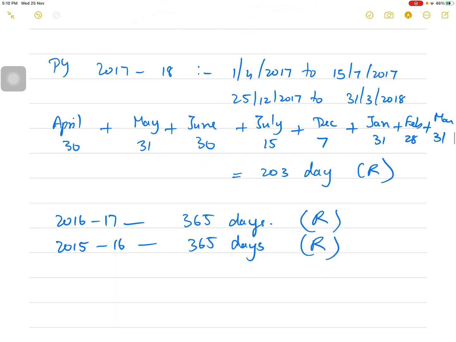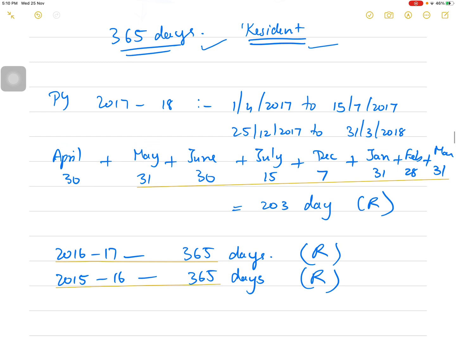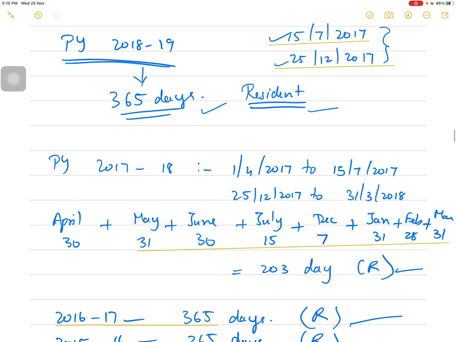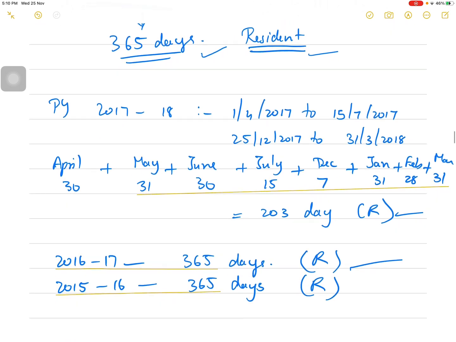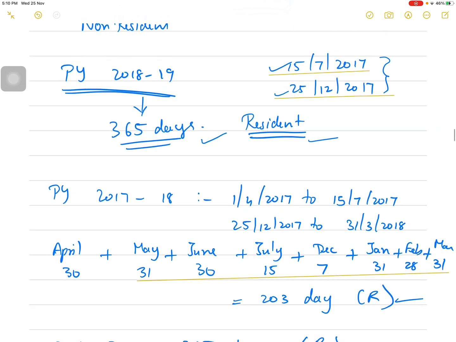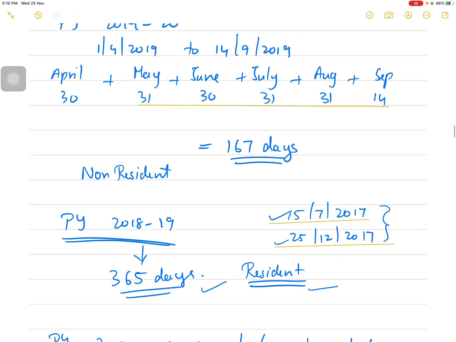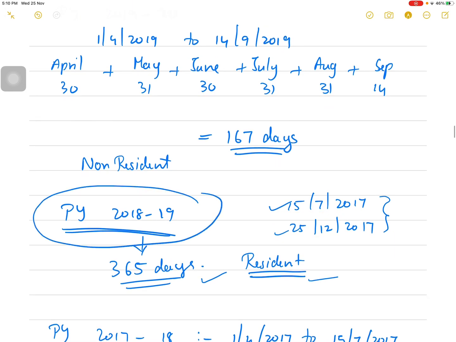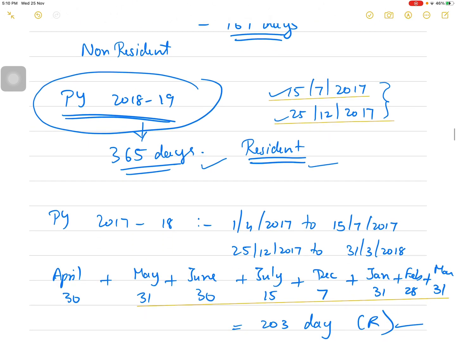So out of 10 years preceding the previous year, he is resident for more than 2 years, and his stay in India is also more than 730 days. So he is ordinarily resident. So for the previous year 2018-19 he is ordinarily resident.